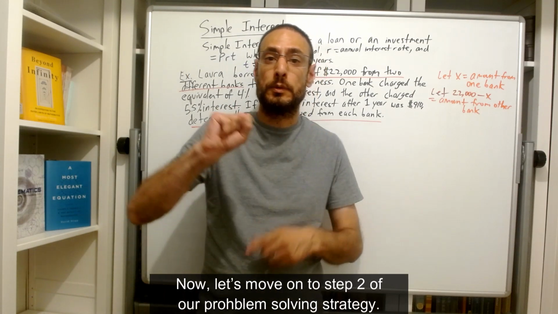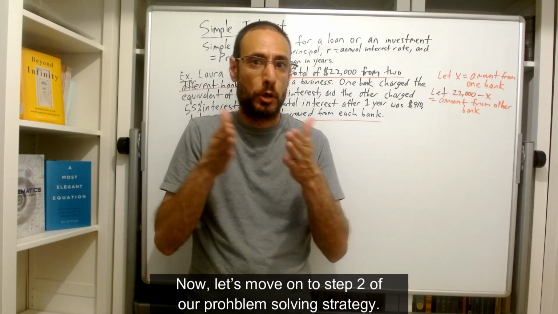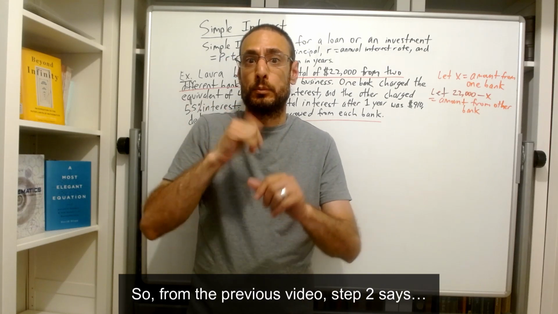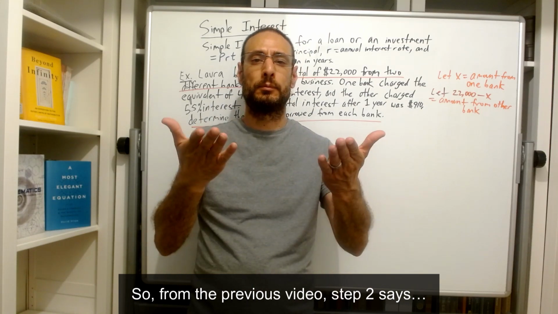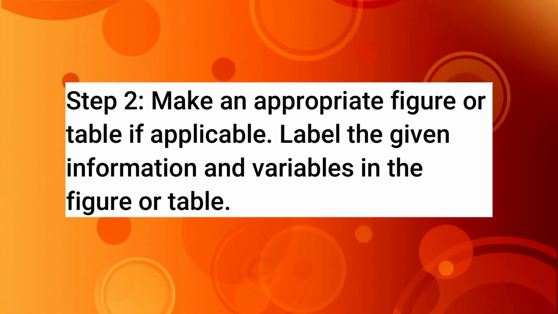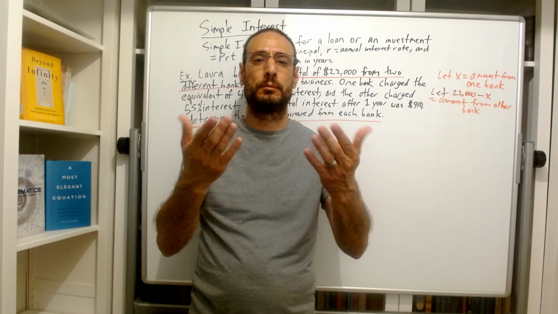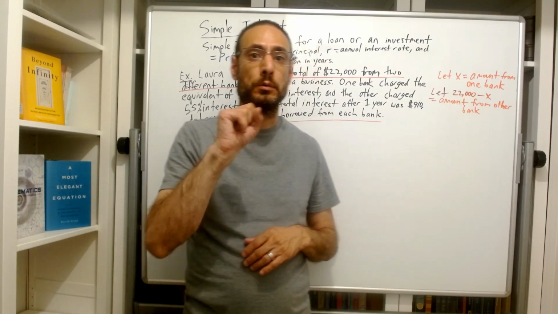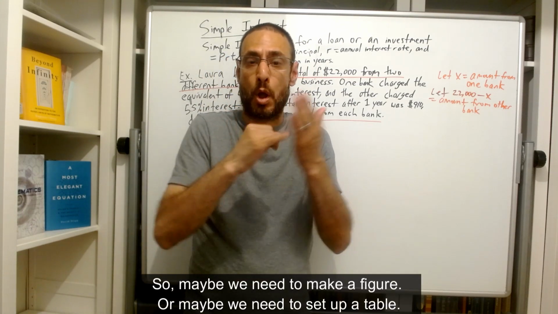Now, let's move on to step 2 of our problem-solving strategy. From the previous video, step 2 says, maybe we need to make a figure. Or maybe we need to set up a table.